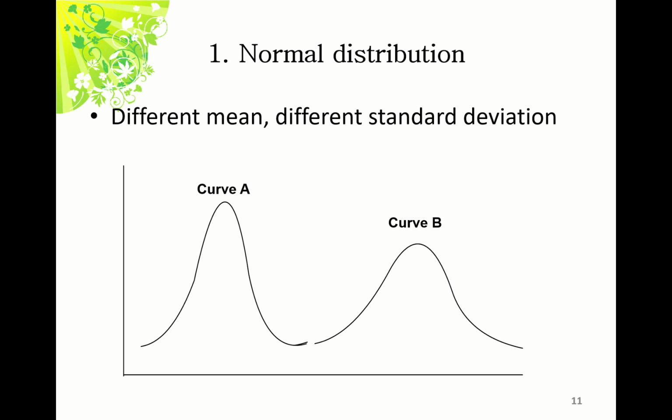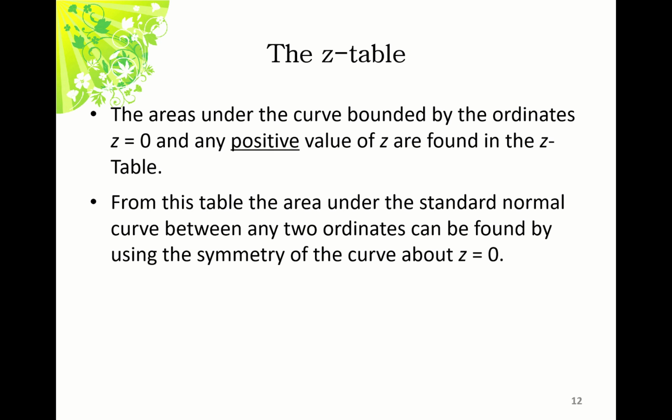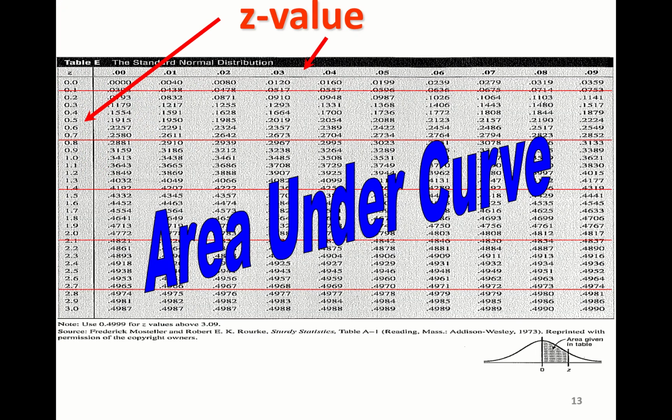So you can actually find the areas under the curve and find out how many percent of your data falls within a certain range. Okay. So the area is bounded under the Z value. If you remember your last lecture, we find the alpha over 2, the 95%, then divide by 2 and so on.